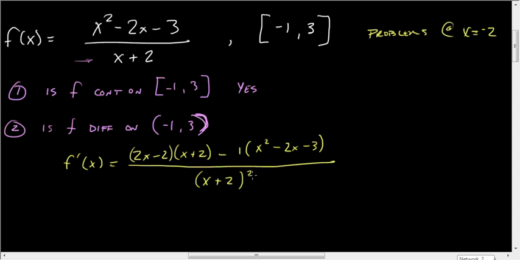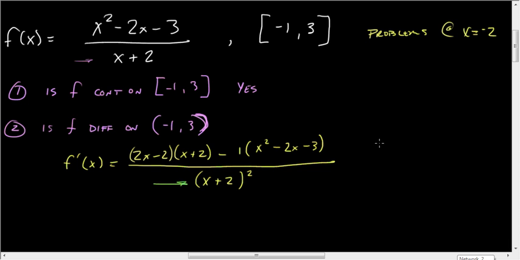squared. Okay, so now, is it differentiable everywhere? Well, we don't have any absolute values, so that's okay. We don't have any massive jumps. What we do have, though, is a problem when this is equal to 0.